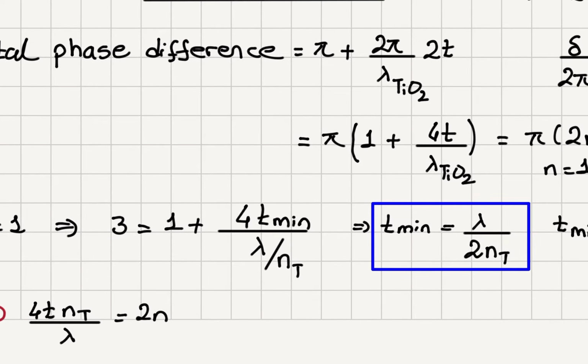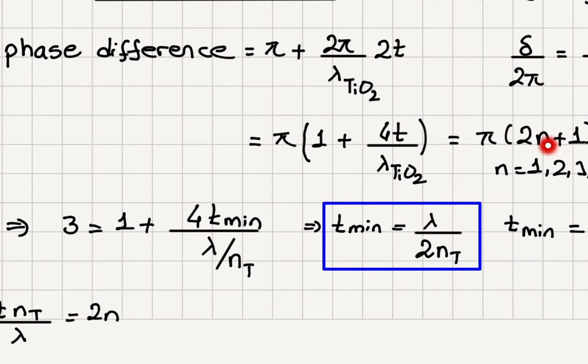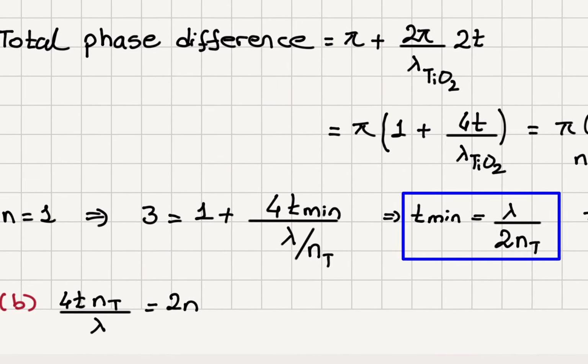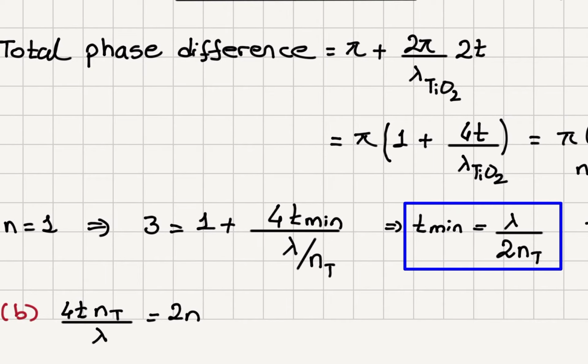Okay, so this was for n equals 1, 3. It's actually 2n plus 1, and the 1's will cancel. So I will have 2n equal to 4 n_t t divided by lambda.